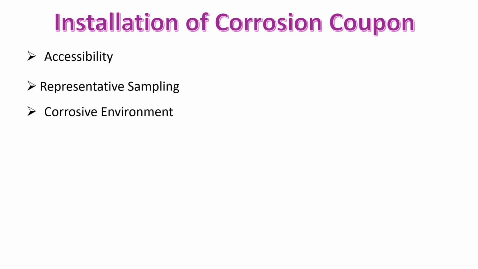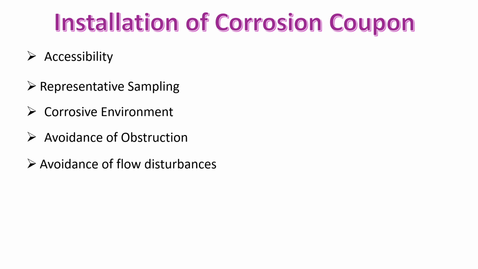Then the corrosive environment. As the purpose of carrying out a corrosion test is to check the corrosion, we have to install the coupon in a corrosive atmosphere. Okay, next is to avoid obstructions or flow disturbances.